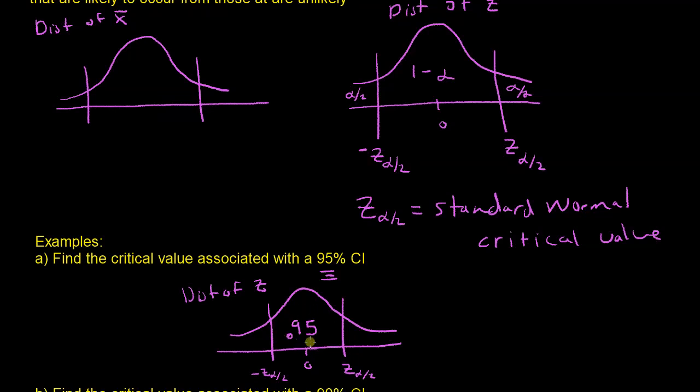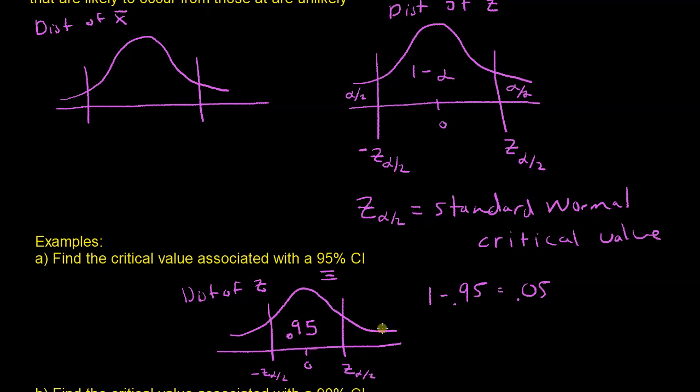The area in the center is 1 minus alpha. So alpha must be 0.05 in this scenario, because 1 minus 0.95 is 0.05. The area left over in both these tails must be 0.05, and half of that is in each tail, because you have to split it up.